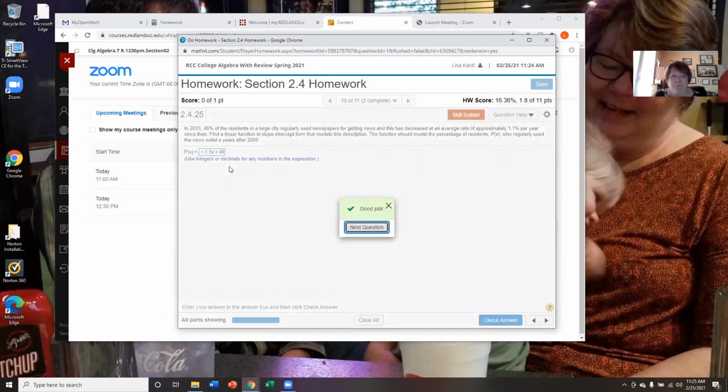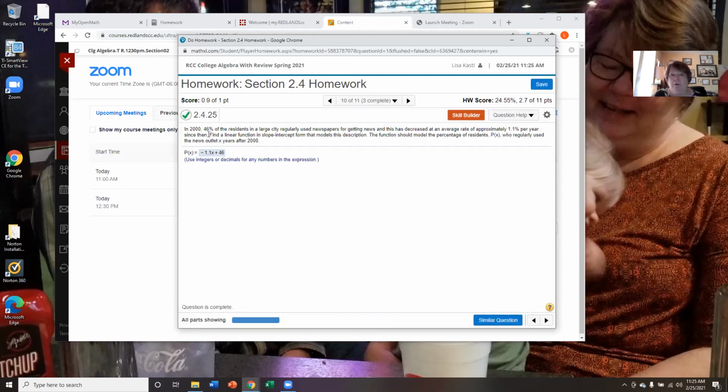Yay, we got it right. So they give me the initial amount, at year 0, and then they tell me how much it's going down per year. That is the slope of this line. If it's a linear function, then that would be the equation that describes it.